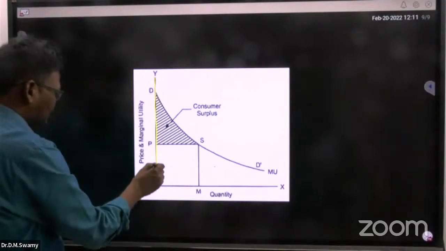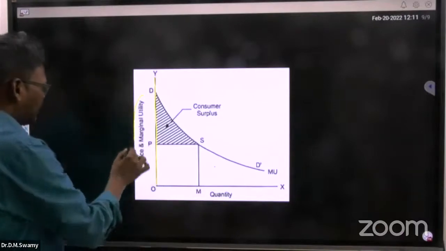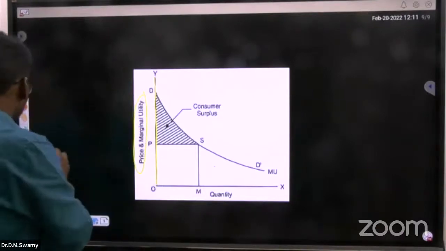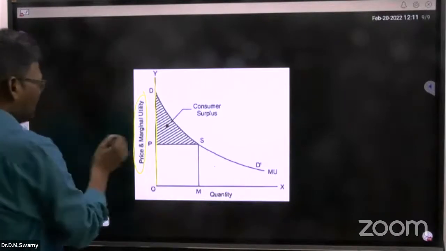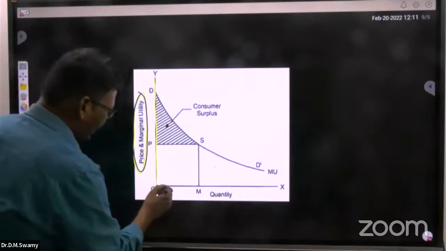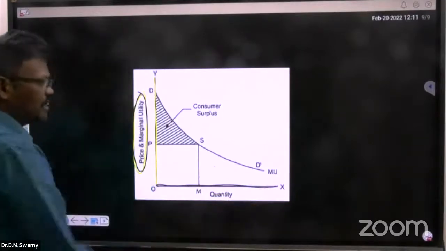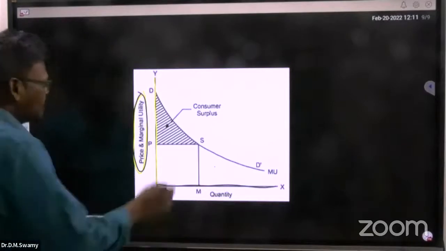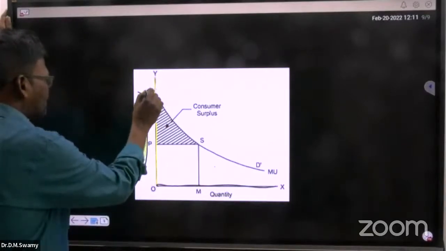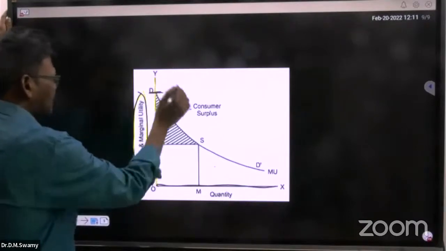This is called the OY axis, where we can see price or marginal utility. Price is always equal to marginal utility. On the OX axis, we are measuring the quantity, that is the number of commodities. This is the actual price, but this is the assumed price.